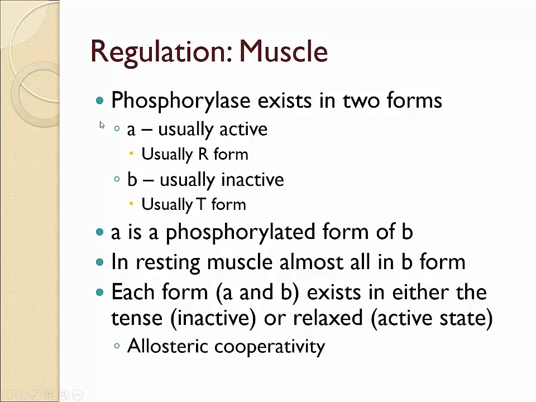The A form is usually active. It's going to take on what's called an R state or R form. We'll get to that in a moment. All you need to know right at this moment in time is the A form of phosphorylase is the phosphorylated form, and it is usually found in the R state.